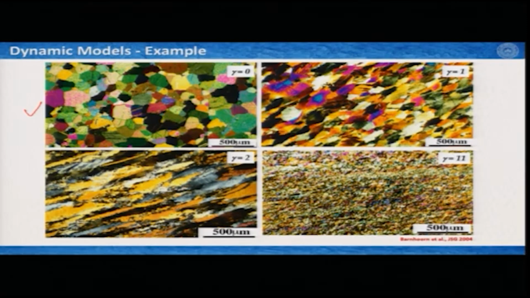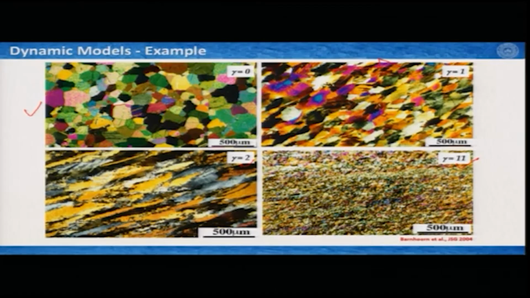Then Auke sheared this at high pressure and temperature, and this is the shear direction we applied, and with evolution of the strain, this is shear strain 1, this is shear strain 2, and this is shear strain 11. First, you observe that the initial grain size of Carrara marble has reduced to a very fine grain size rock.